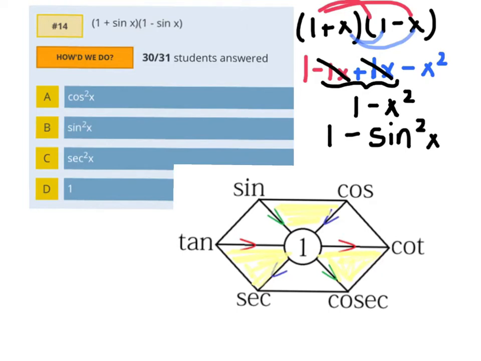So putting the trig back in it, what's 1 minus sine squared? Well, 1 minus sine squared, that's like your Pythagorean problem. 1 is your hypotenuse, your c. So the hypotenuse minus that leg would equal the other leg squared. So cosine squared.